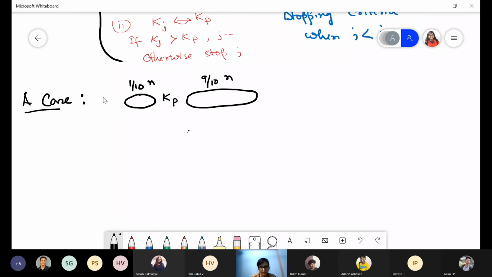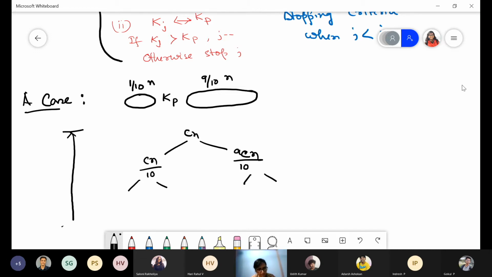Here we have Cn, here Cn/10, here 9Cn/10, and in this way I am going to draw the tree. This is the recurrence tree, right? Now, after some time, these will reach theta of 1.